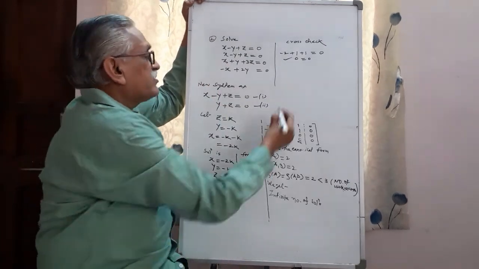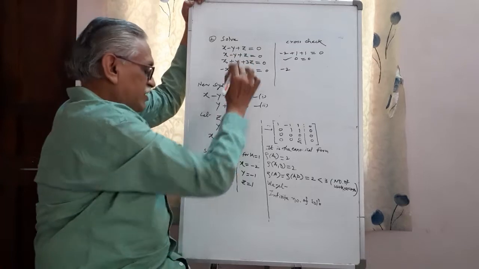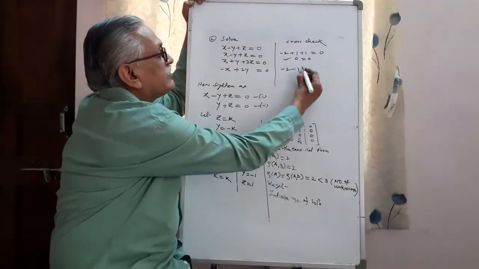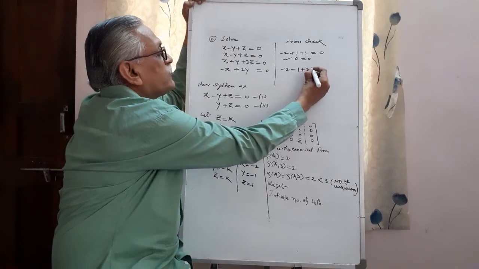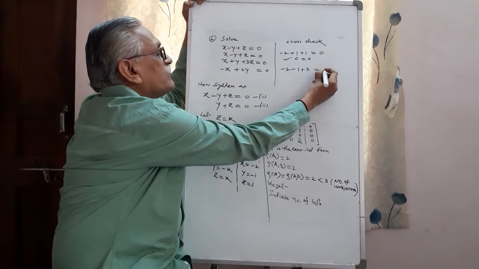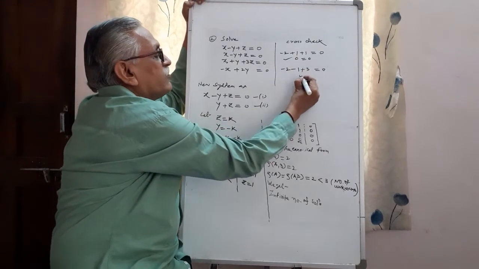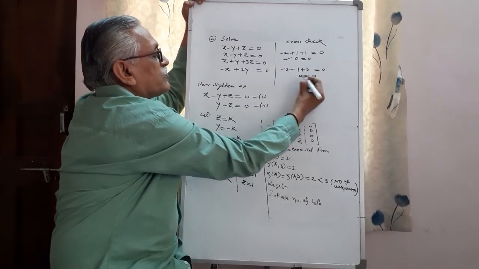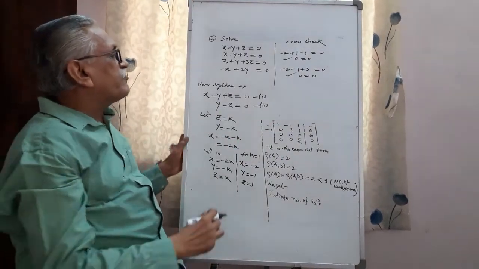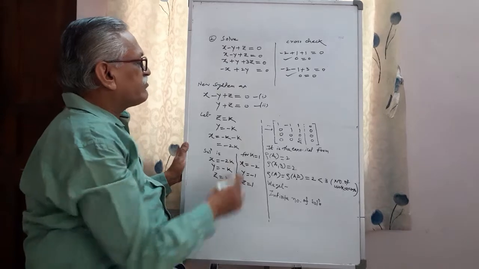X is minus 2 plus y plus 3z, 3 into z is 1, means 3, equal to 0. Minus 3 plus 3 we get 0, equal to 0. Third equation is also satisfied. Then we go for the fourth one.